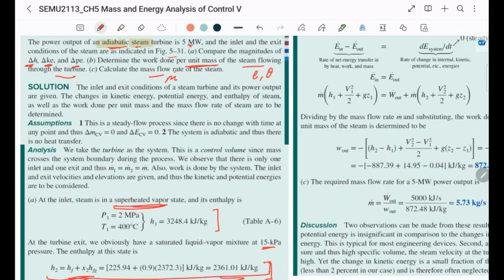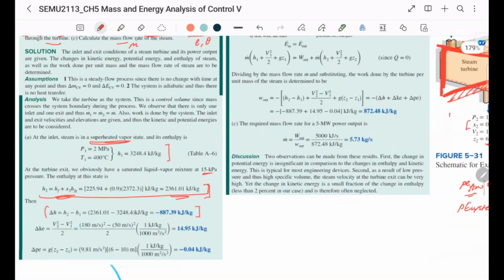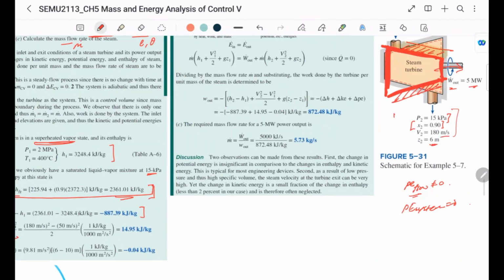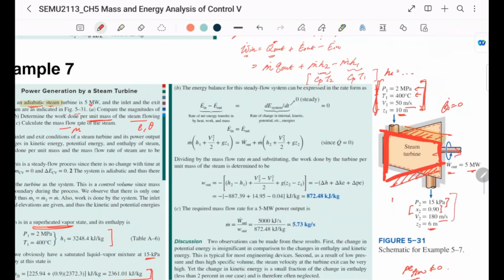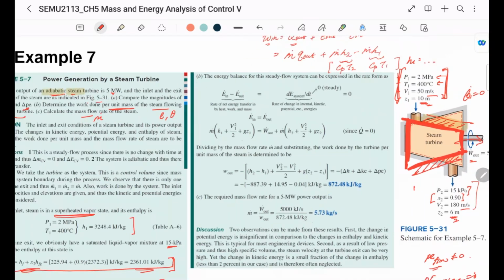Then the change in kinetic energy, change in potential energy. Change in kinetic energy is based on the velocity difference. Change in potential energy is based on the altitude difference.